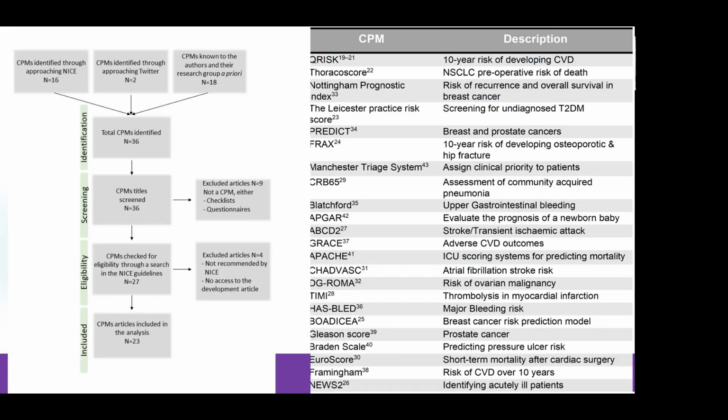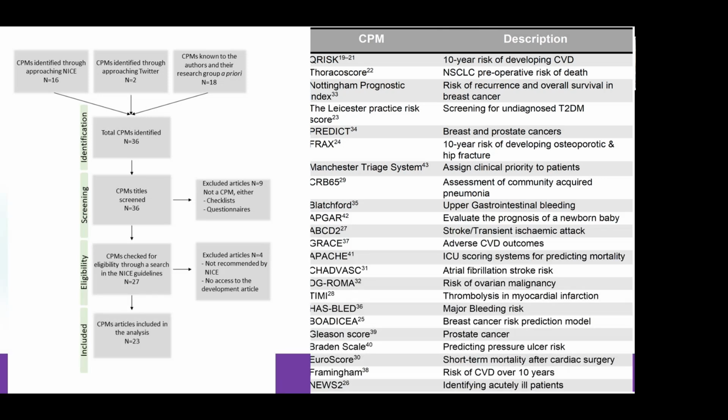We also reached out to various other authors and groups for any others that weren't picked up by NICE. Once we'd found those 36 models, we traced back to find the original development and validation papers of those prediction models recommended by NICE, and the screenshot of those models is on the right hand side.